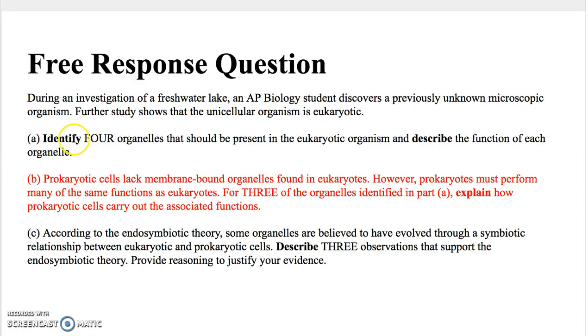So when we talked about A, hopefully now you would be pretty clear as to which organelles should be present in eukaryotic organisms. You should be able to come up with pretty quickly the nucleus and mitochondria should both be there. And then if you were looking ahead to B, you might also say ribosomes. That would make B easier to answer.